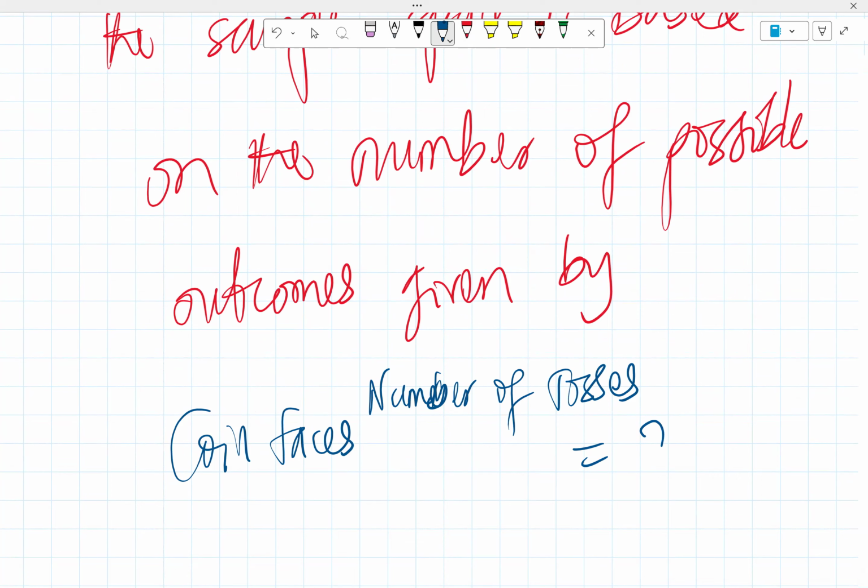So that's simply a coin has 2 faces, 3 tosses here. So that's 8 outcomes. So we're expecting 8 outcomes.